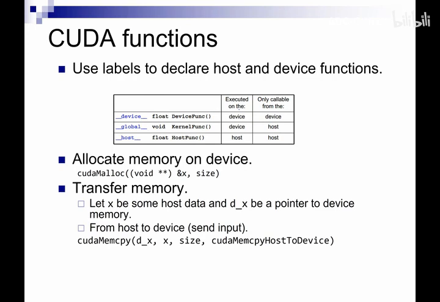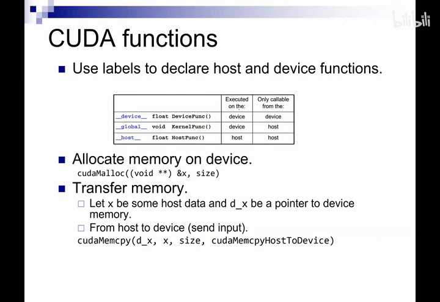And we said that to start a CUDA program, you need to transfer some data from the CPU to the GPU. Now suppose x is some data on the CPU, and let dx, device x, be a pointer to the device memory. So dx was somehow created by this CUDA malloc.